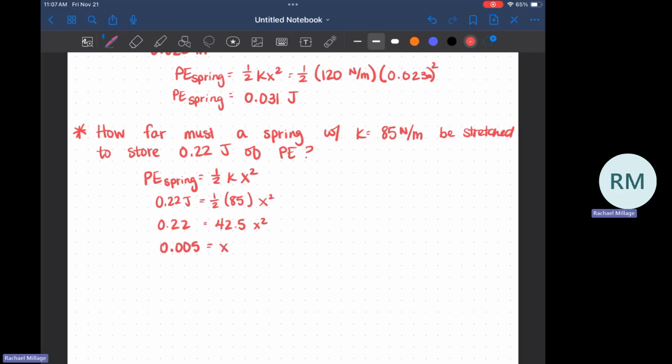And then do I have to do the square root? Yep, so then we would square root both sides. Brooke, what did you get? 0.005, and then I have to square root it, which equals 0.07.